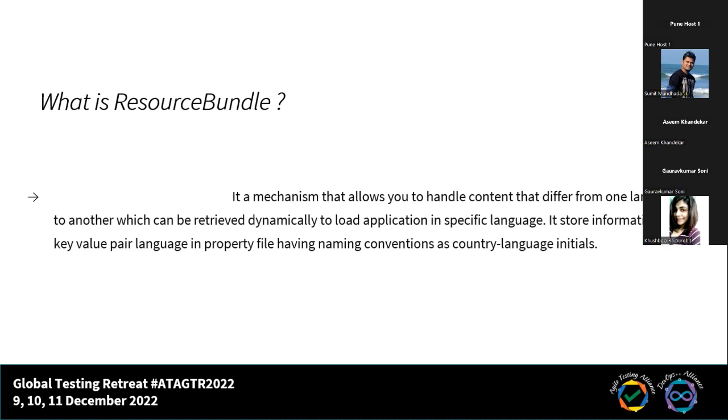So we'll have separate property files for each language and each country, and each file will have key value pairs, and in that format we'll have the content in the resource bundle.